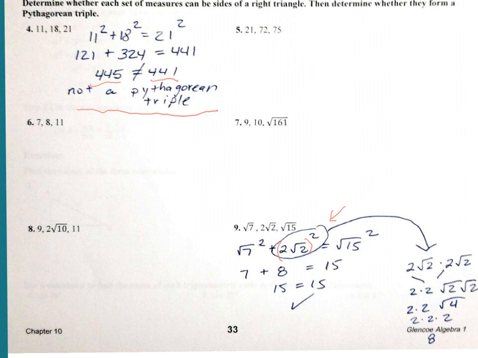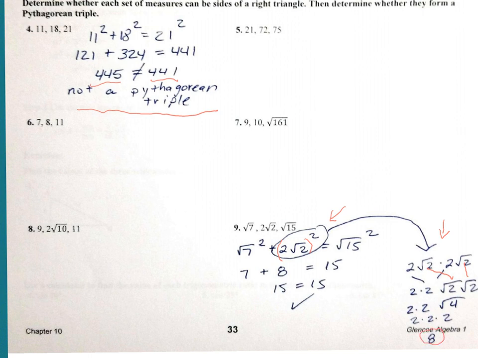So basically, you take the 2, you square it, take the square root of 2 and you square it. And I went ahead and showed on the side right here the actual calculations so that you see what's happening. So you see that the 2 and the 2 go together on the outside. The square root of 2 and the other square root of 2 go together. And they give you the square root of 4. So your simplification of this is equal to 8.